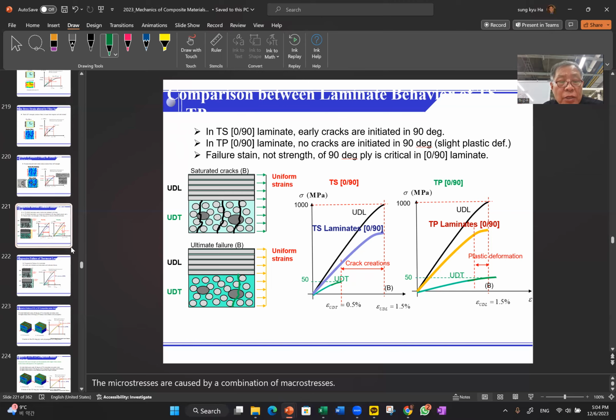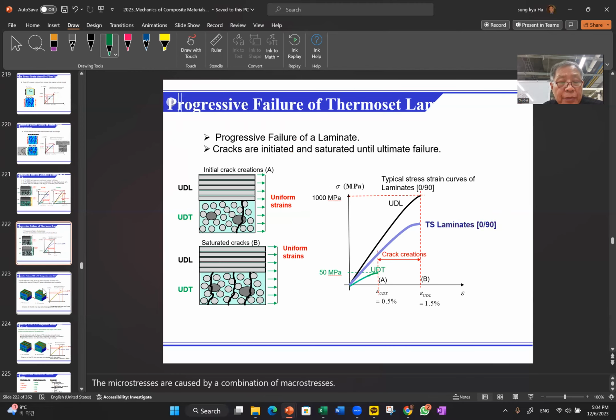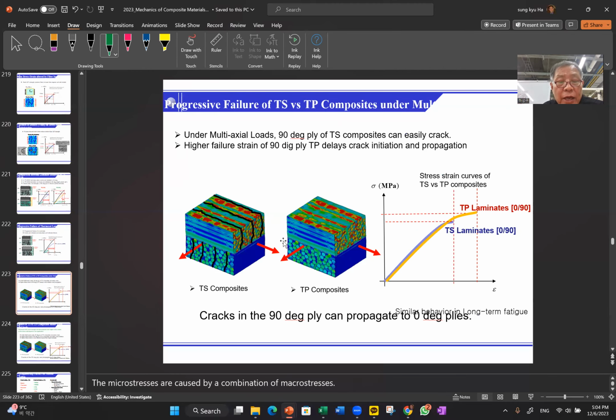That is one thing we need to notice. And then if we have a biaxial load like that, in this thermoset case, this load will cause a crack in the 90, and this one will cause a crack in the 0 degree.